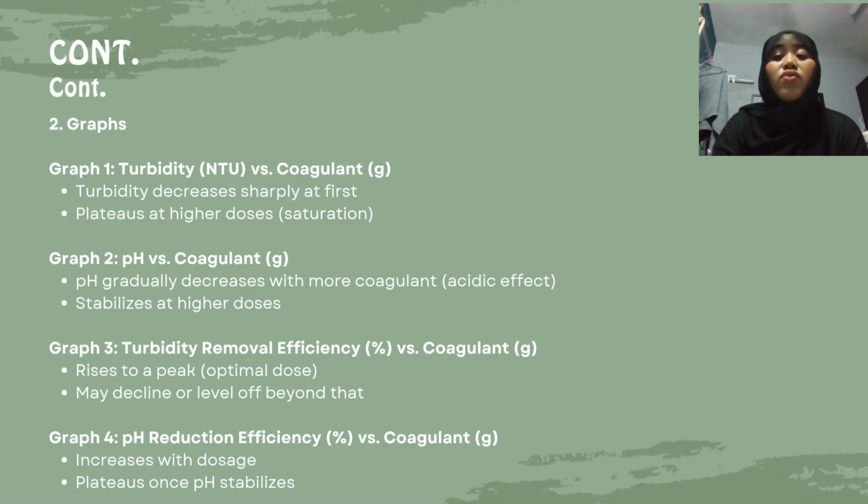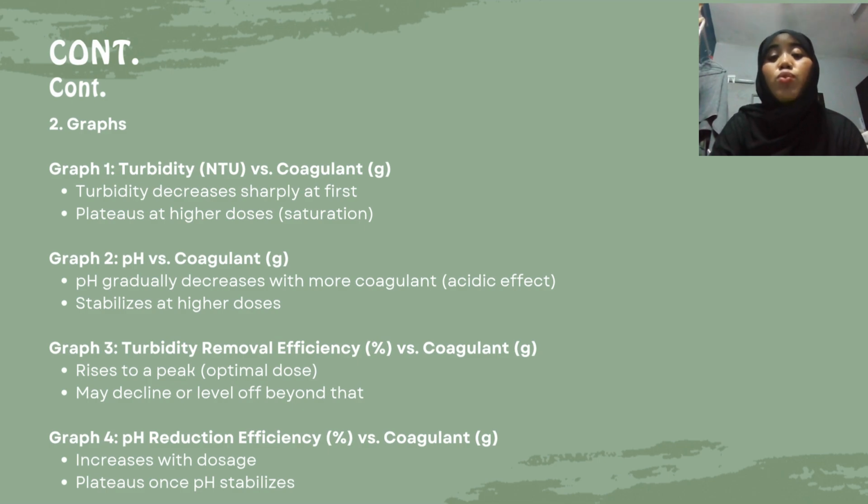As this is a proposal presentation, we have not conducted the experiment yet, but based on the literature review, we have outlined the graphs we plan to generate once data collection is complete. These graphs will help us visualize the relationship between coagulant dosage and the changes in water quality parameters like turbidity and pH.